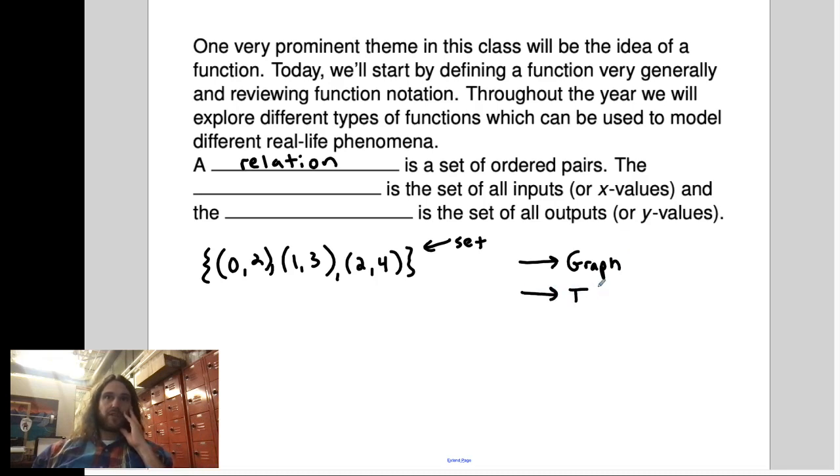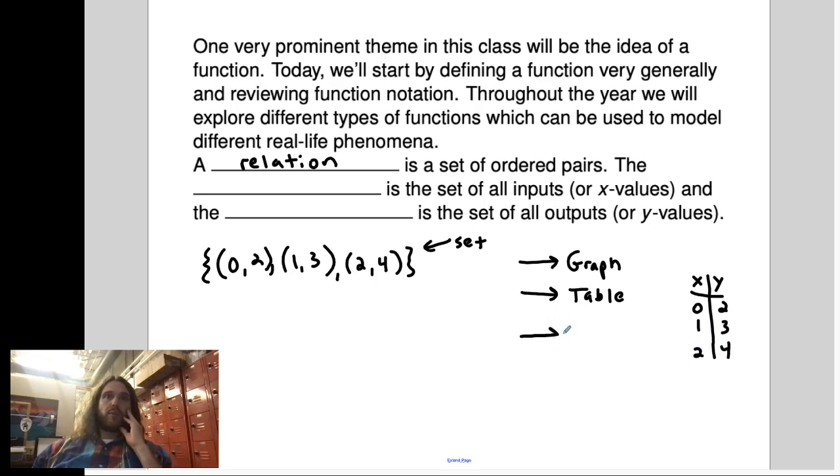Some people know them as t-tables. You may have seen those before, and they're pretty commonly used. So you put x and y. An ordered pair has an x value, a y value, right? (0, 2), (1, 3), and (2, 4). So you can represent it as a set, a graph, a table.